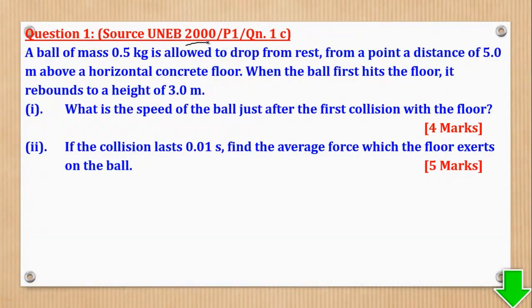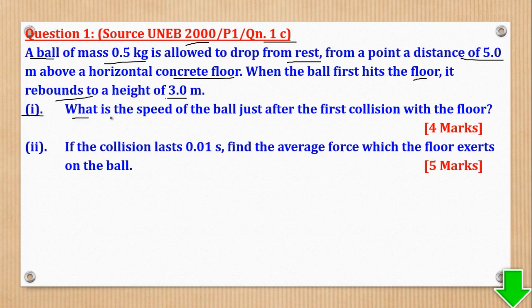Question 1 came from UNEB of 2000, paper 1, question 1C, and it says, a ball of mass 0.5 kilograms is allowed to drop from rest from a point at distance 5 meters above a horizontal concrete floor. When the ball first hits the floor, it rebounds to a height of 3 meters.